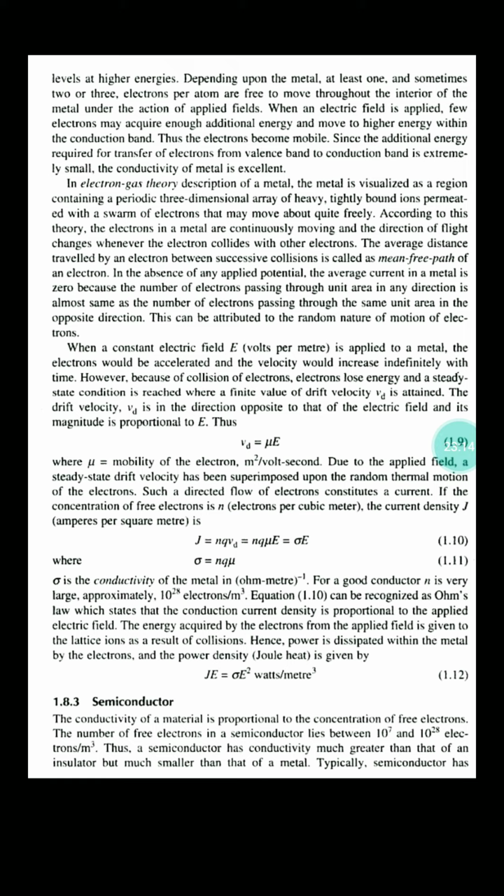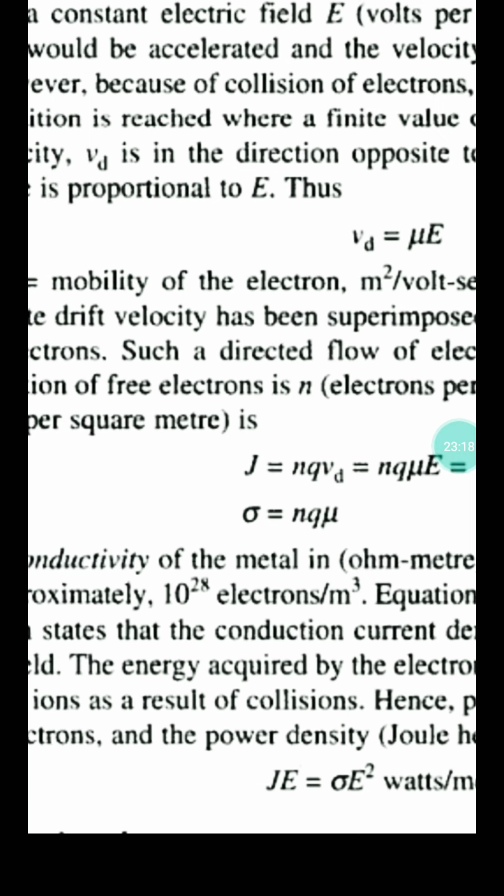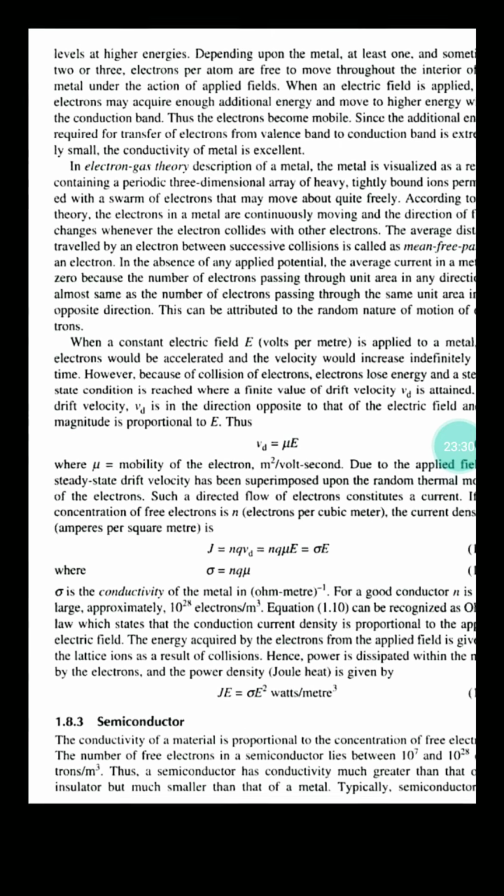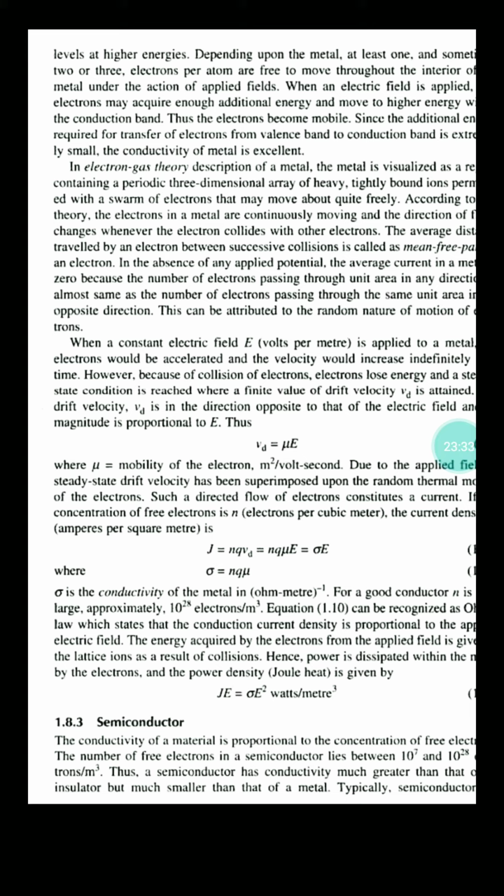For a good conductor, there are approximately 10 to the power of 28 electrons per meter cube of the given metal, or given conducting material or conductor.